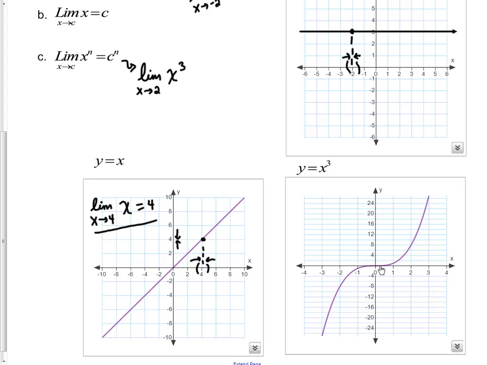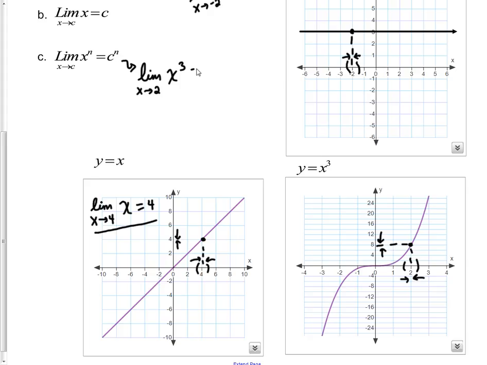So we go onto our graph right here, we can see exactly what's got to happen. As x approaches 2, that is, once we let x get into the neighborhood of 2, as x gets close to 2, the y value appears to approach 8 from above or below.